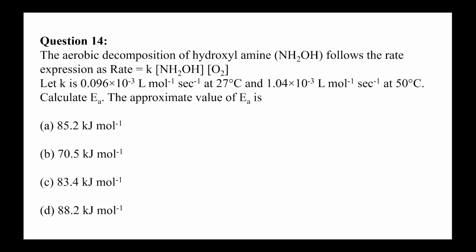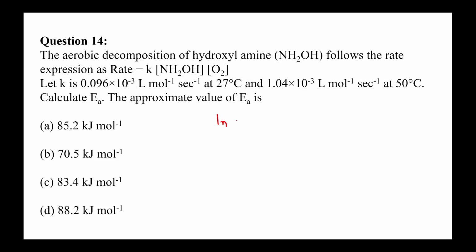So what all do we have? We have a rate equation and then we have the rate constants at two different temperatures. So from the previous question, now you know the formula. If you have two different rate constants at two different temperatures, you can easily solve for the activation energy.